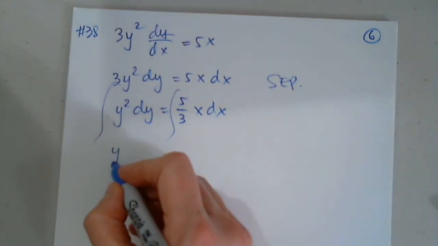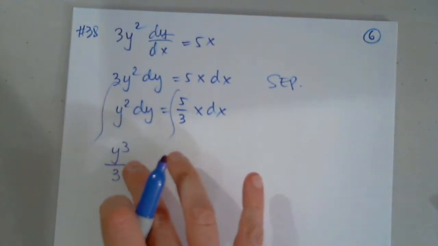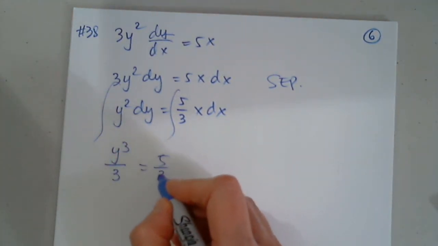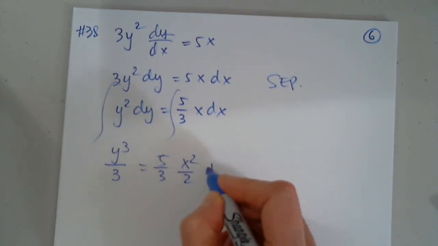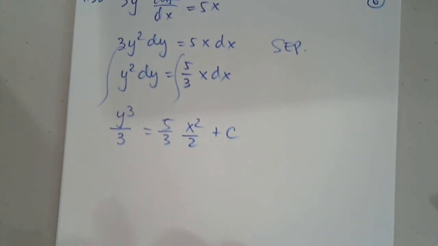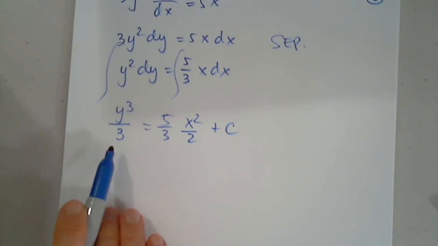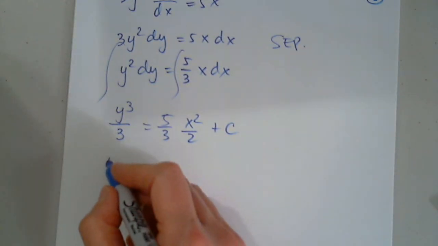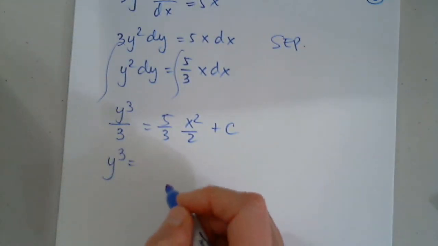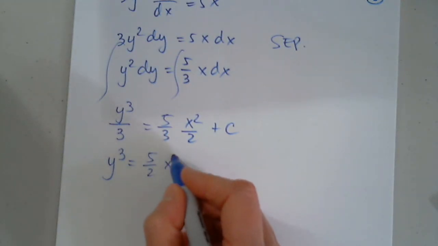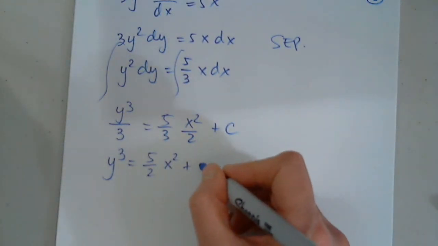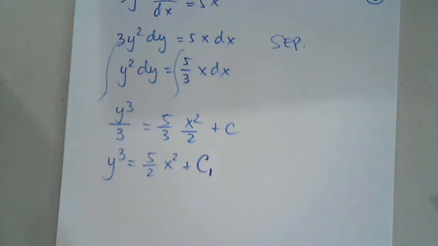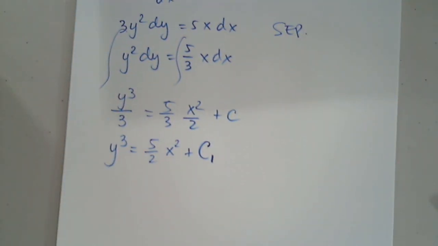So we're integrating. The left-hand side, y cubed over 3. There is no need for c. 5/3 x squared over 2 plus the constant c. I have to get rid of this. So then y cubed equals 5/2 x squared plus, I should write 3c. I'm going to include it and say it's a new constant c1.